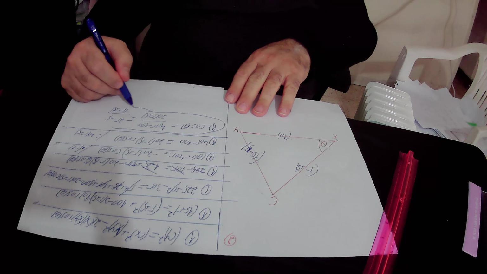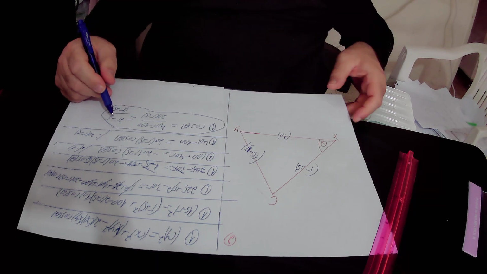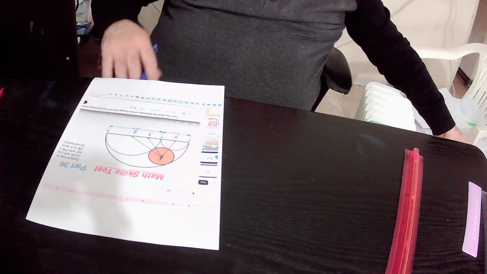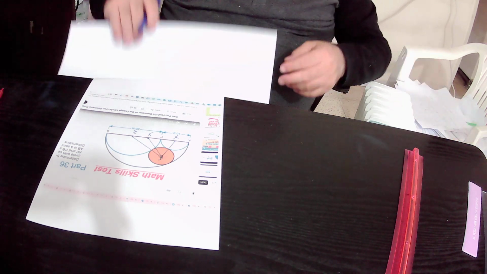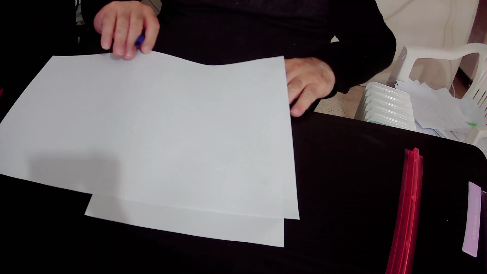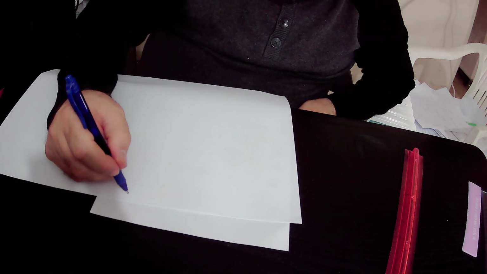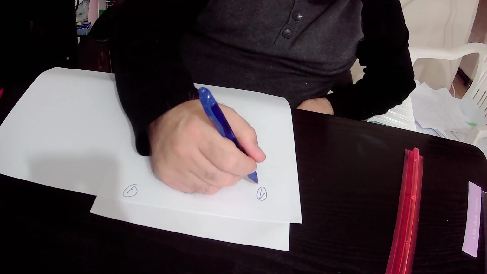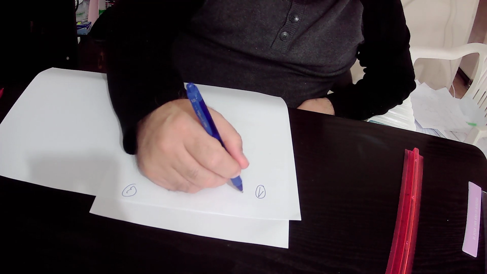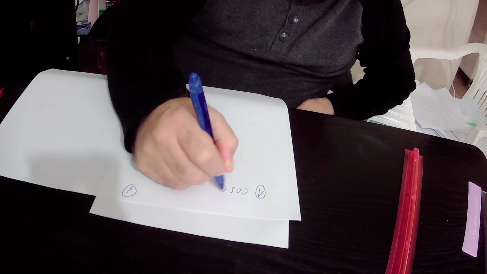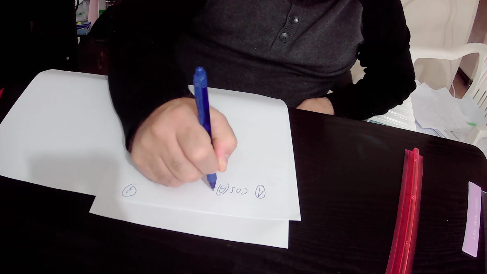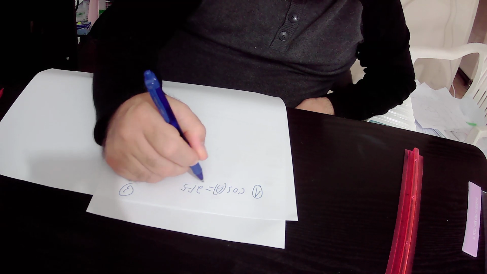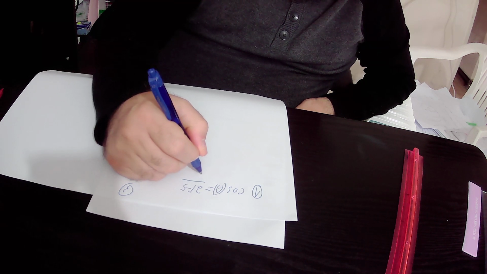So we found out that according to equation number 1, cosine theta equals 2r minus 5 over r plus 5.